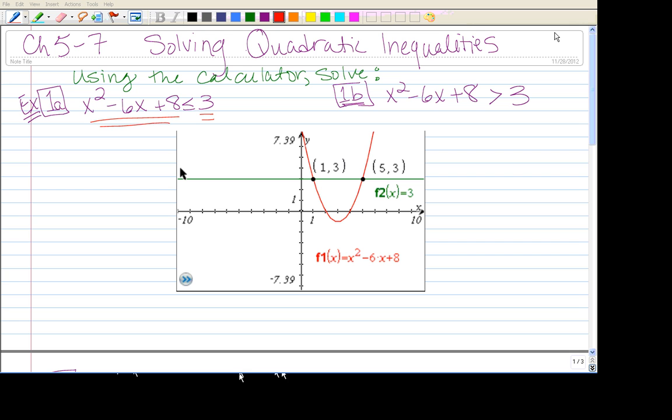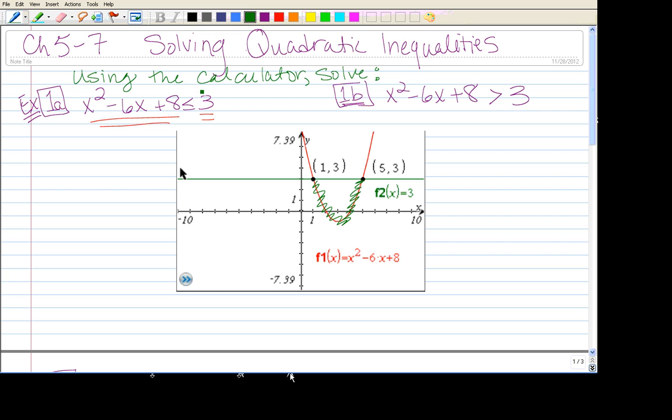Okay, so I brought my graph over to this page. For this one, we're seeing where is x squared minus 6x plus 8 less than or equal to a y value of 3? So in other words, where is the parabola less than or equal to 3? Well, if I go ahead and just color on this picture here, that's this part right there.